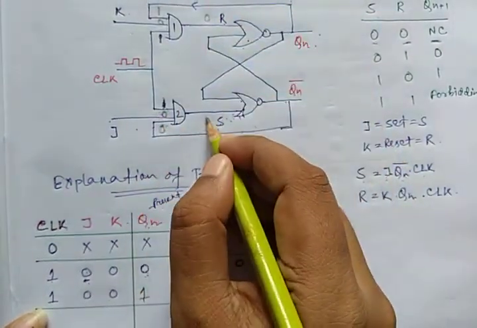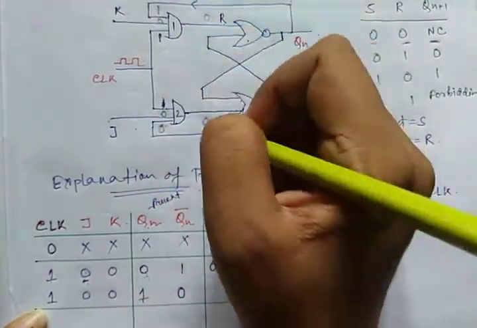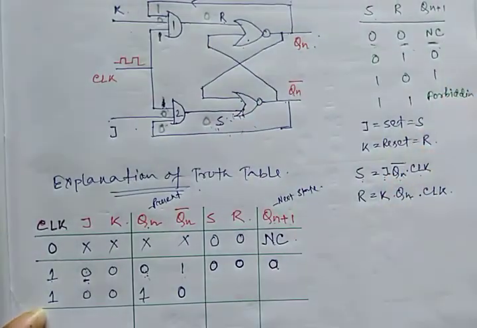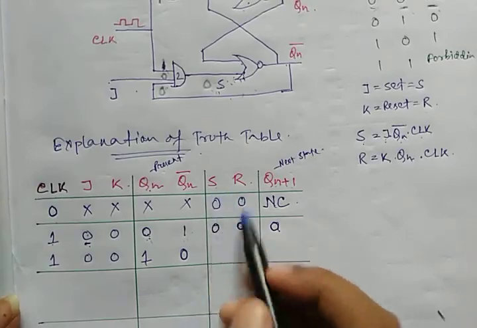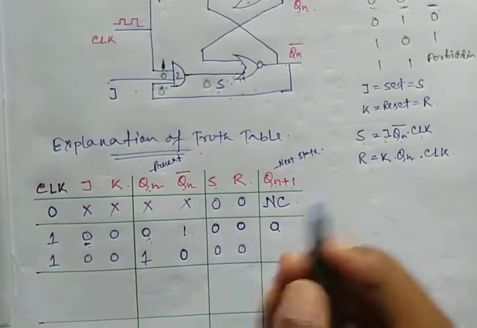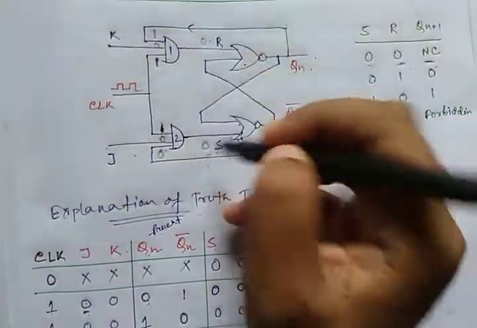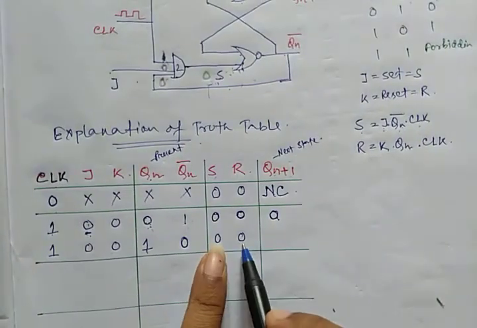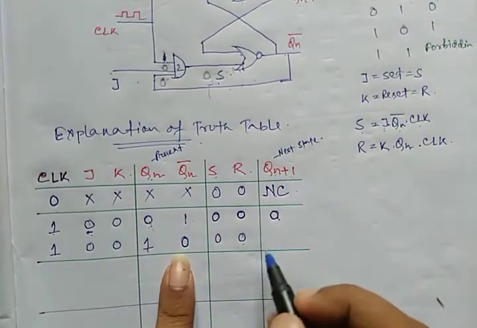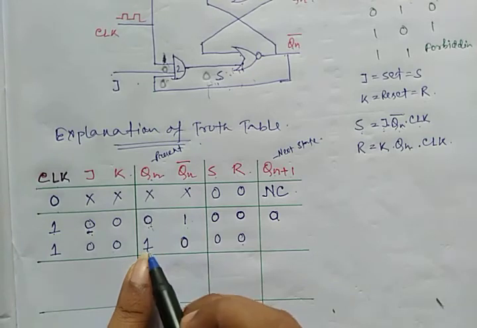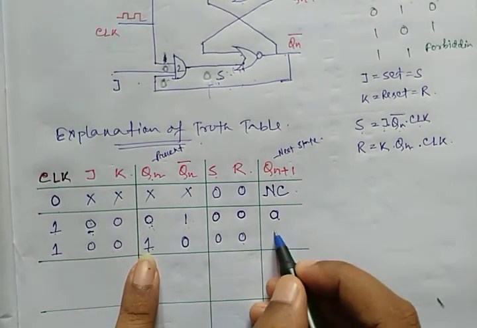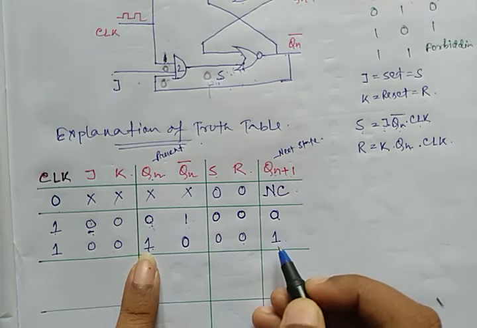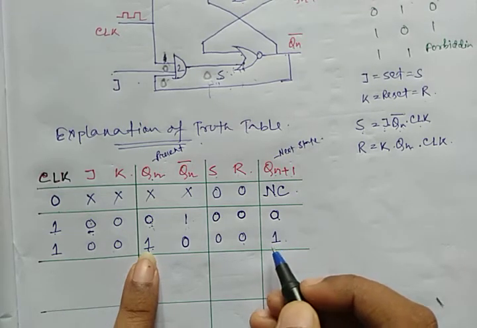Here also one input value is 0, so the output is 0. Here also one input value is 0, so the output is also 0. So both are 0, which means no change. So S and R both are 0, and as both are 0, Qn plus 1 is no change. As Qn is 1, Qn plus 1 is also 1. That means no change. So this is our first state.